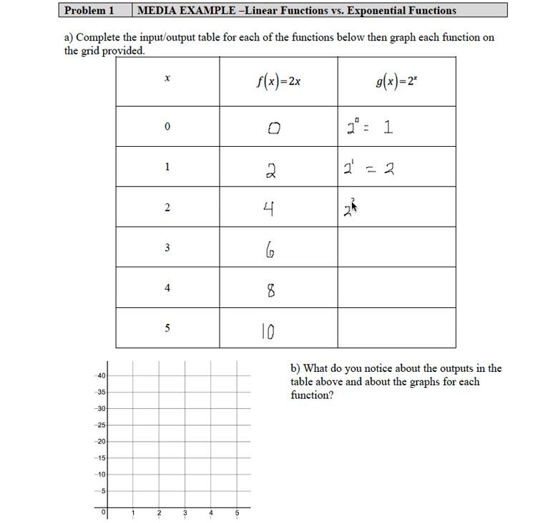So 2 squared is 4. 2 to the third is 8. 2 to the fourth, 16. And 2 to the fifth equals 32.